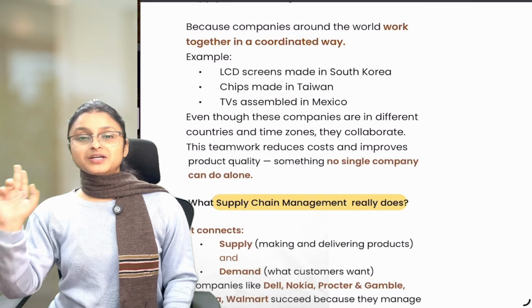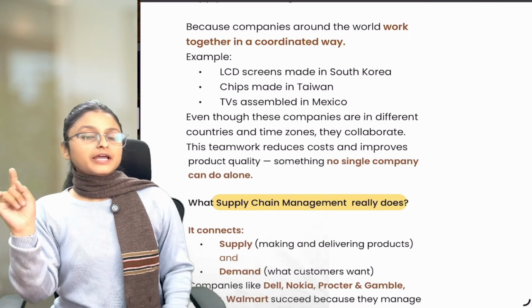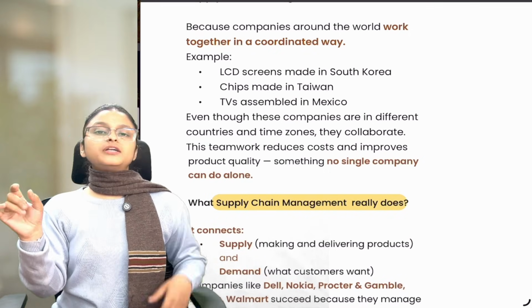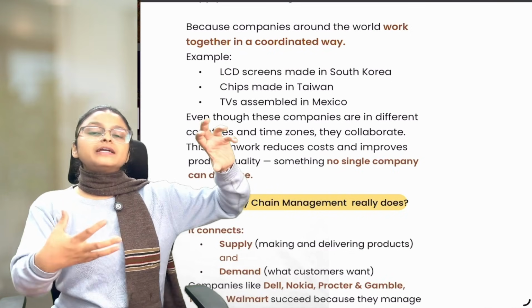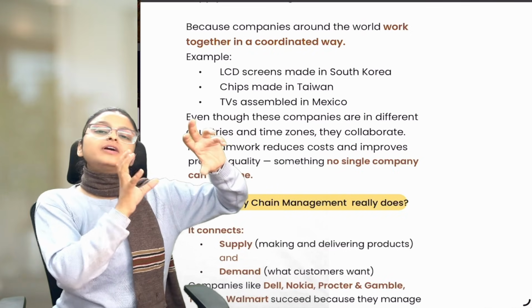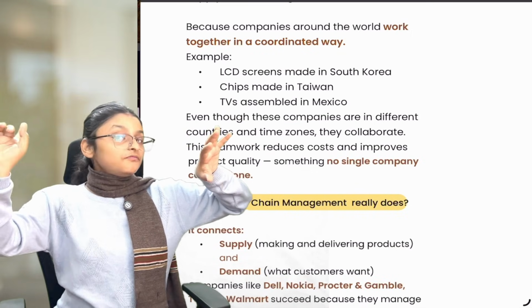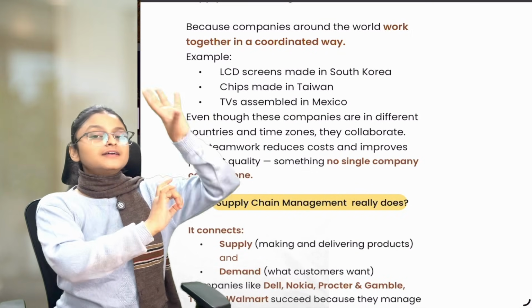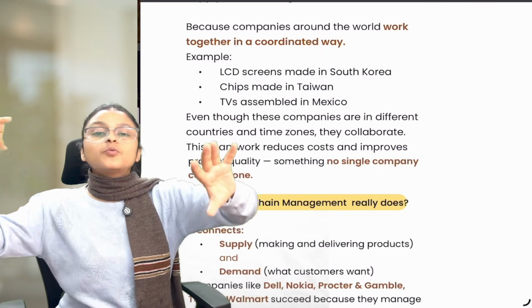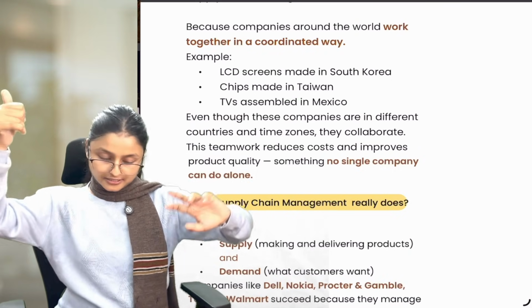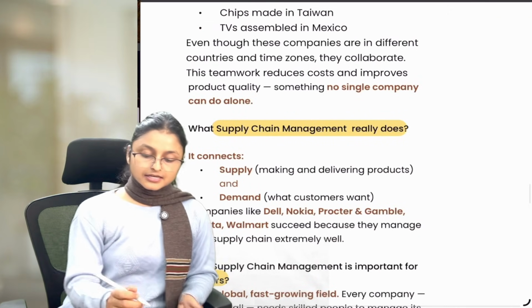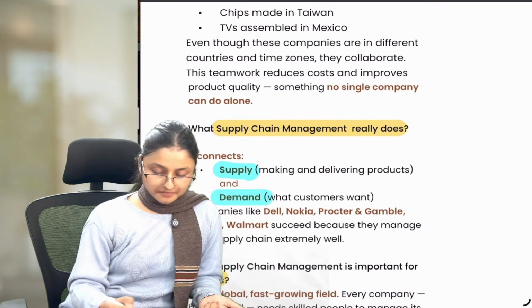So, what the customer wants will be seen first, and whatever the customer is wanting, we will try to make it in our supply chain or in our manufacturing department. So, demand will not work according to supply. Supply will work according to what our customers are demanding. Done? So, it connects supply and demand.